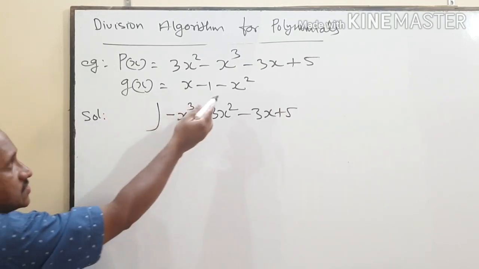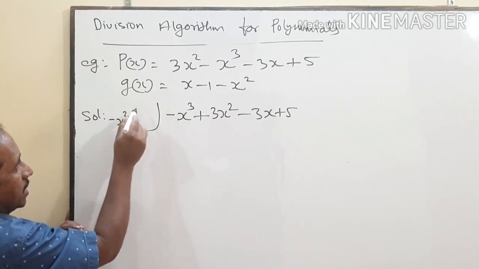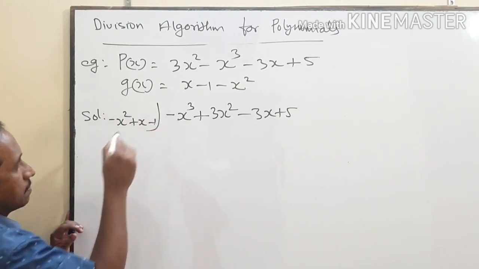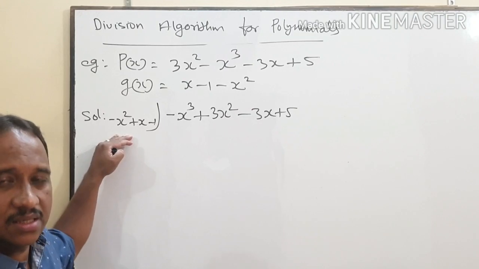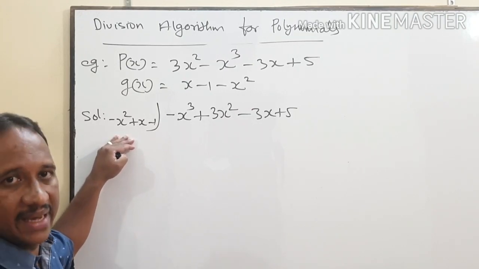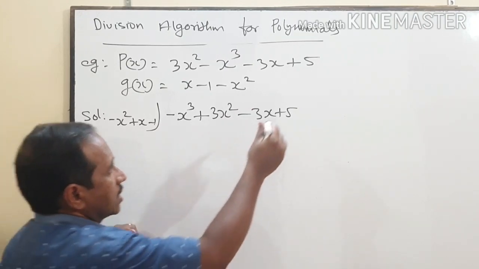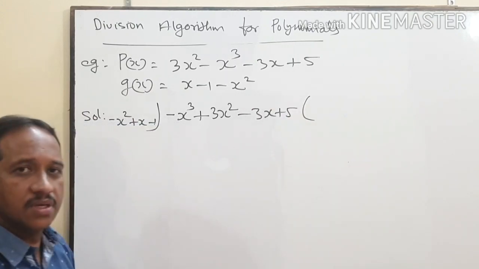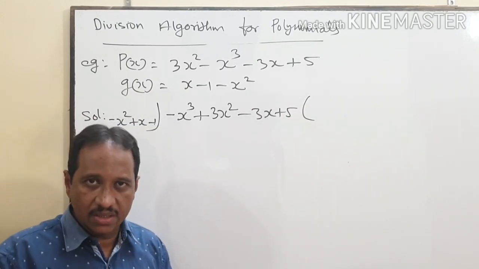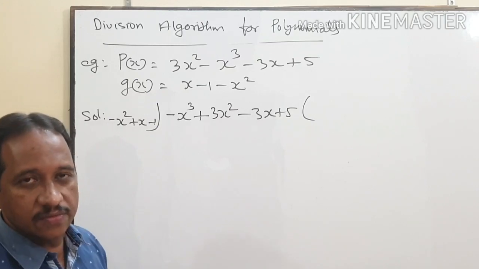Here the divisor is minus x square plus x minus 1. Here also I have written the powers of the variable x in the descending order. And here you will get the quotient. You know the division procedure for polynomials.